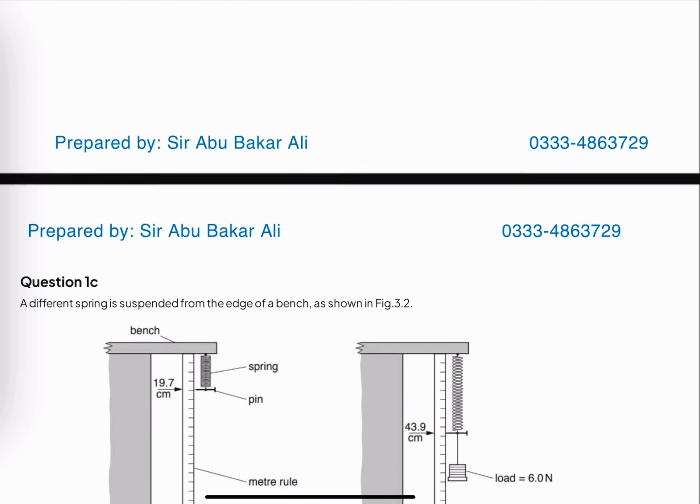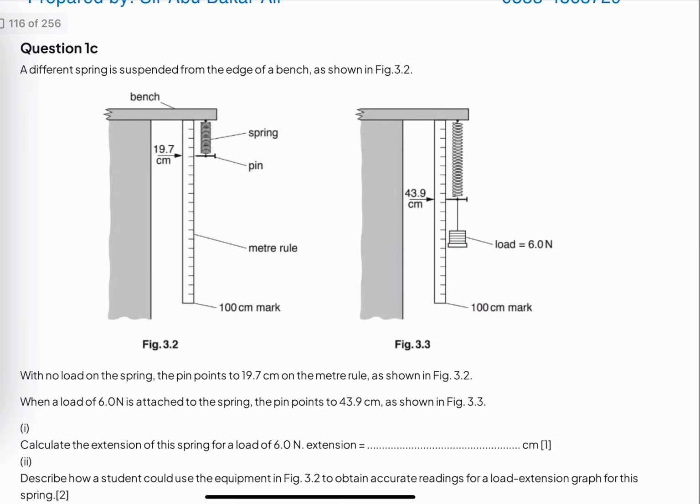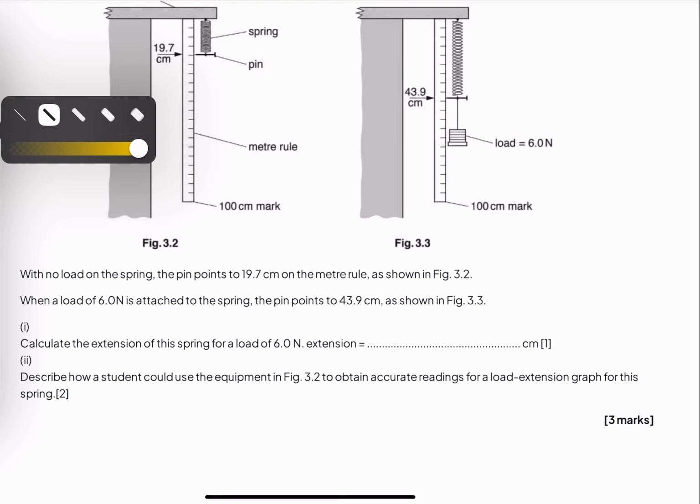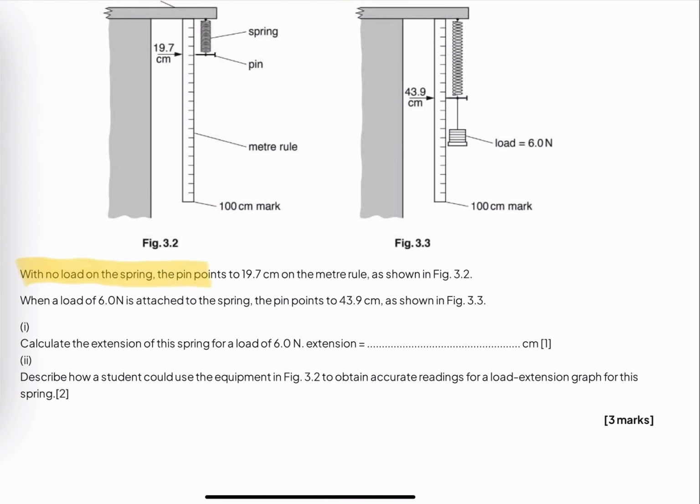In part C, we have a different spring suspended from the edge of the bench, and with no load on the spring, the pin points at 19.7, and when there is a load, it points at 43.9 centimeters when the load is 6 Newton. We have to find the extension when the load is 6.